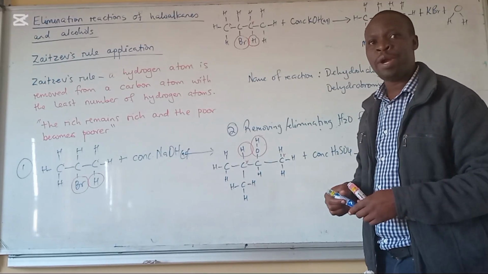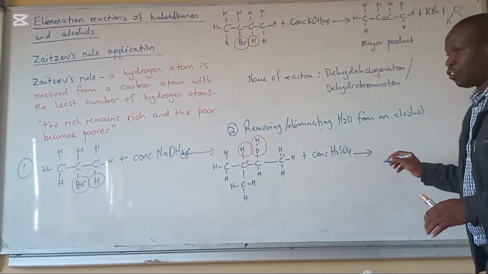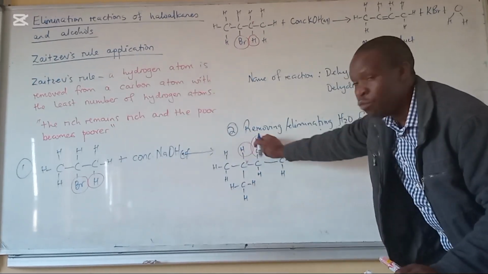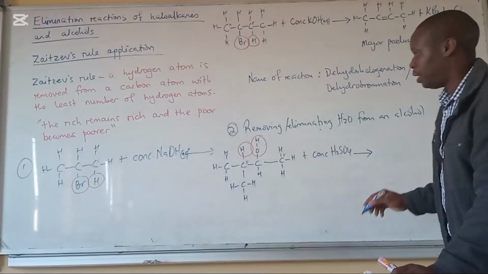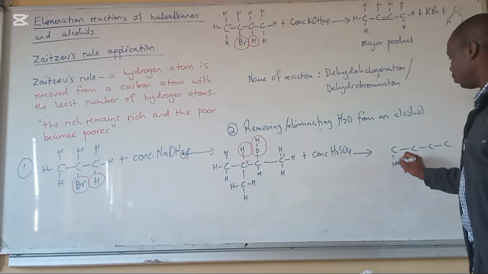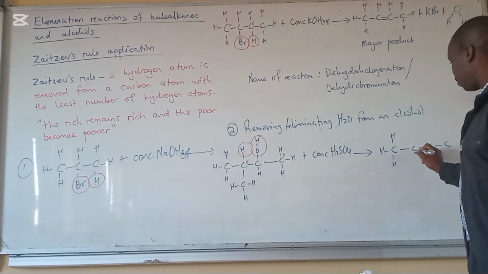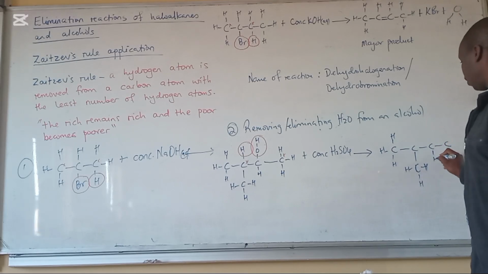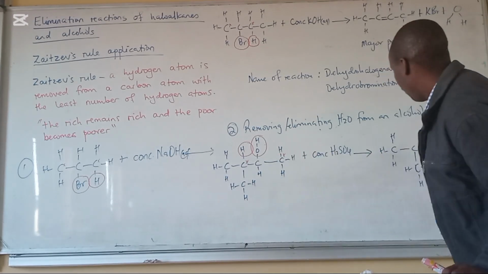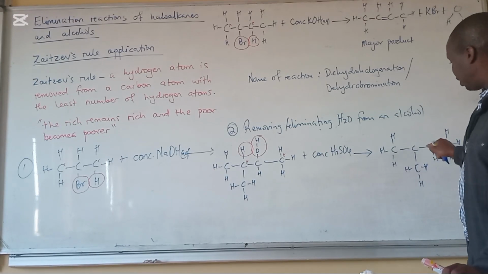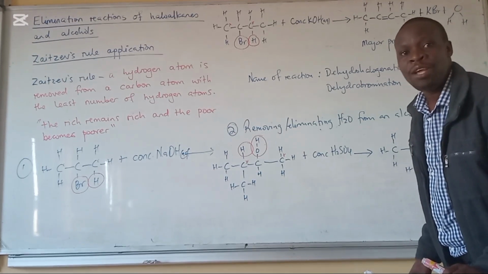Now let me work out the product. Right, so the product, I will just draw everything else that remains after removing whatever I have settled. Okay, so here we no longer have the OH, here we no longer have the H. So we can see that our 2 carbon atoms are now surrounded by only 3 bonds.